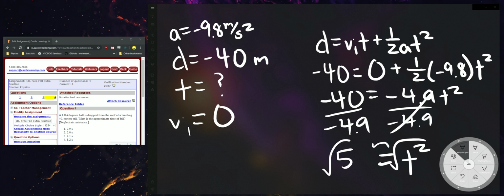So it is square root of 5. So it's going to be somewhere like around 2.9. Okay, if you ever do the square root of 5, you're going to get, well, let's do this properly. All right, let me get my phone out. Negative 40 divided by negative 4.9.